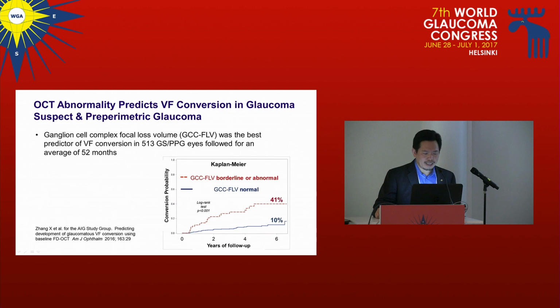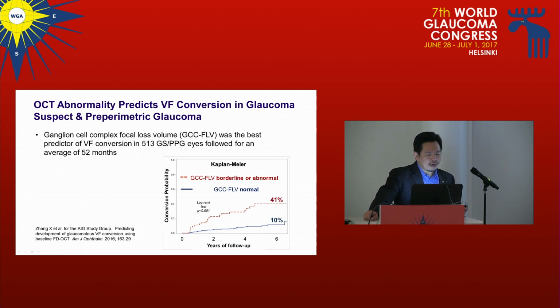So first, predicting glaucoma conversion. These are patients in the suspect and pre-parametric glaucoma group who had normal visual field at the baseline, who subsequently developed abnormal visual field on 3 consecutive visits. So it's a fairly reliable measure of someone who developed parametric glaucoma during the study.